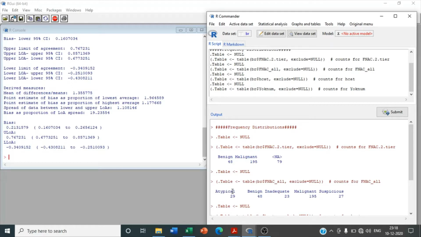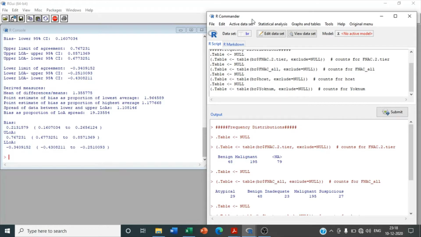For example, the atypical is an indeterminate category, but it has got a specific interpretation. It is probably benign. The suspicious category is probably malignant. However, the inadequate category is totally useless and should be excluded for further analysis of sensitivity and specificity.